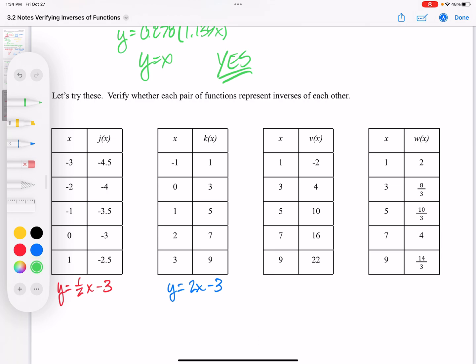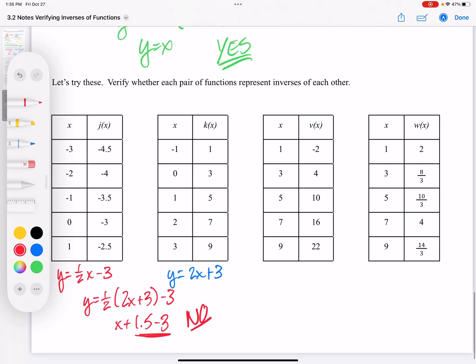So now if we test to see if these two work, I would say y equals 1/2 times (2x + 3) minus 3. Sorry, this one is plus 3. The 1/2 times 2 works out, so that gives me x plus 1/2 minus 3, but that part doesn't work, so this is not inverses.